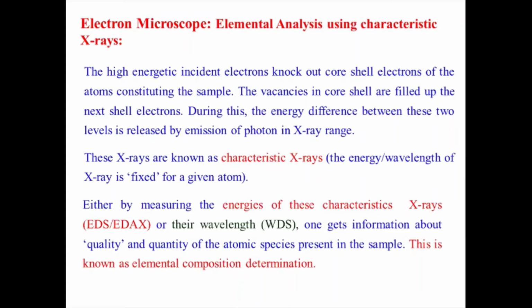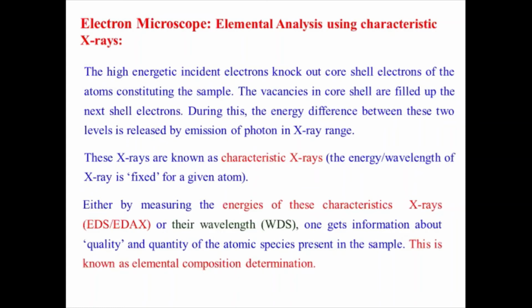So this allows us, since the X-rays are characteristic ones, means the K alpha radiation emitted from a copper atom has a particular wavelength, 1.543 angstrom unit.